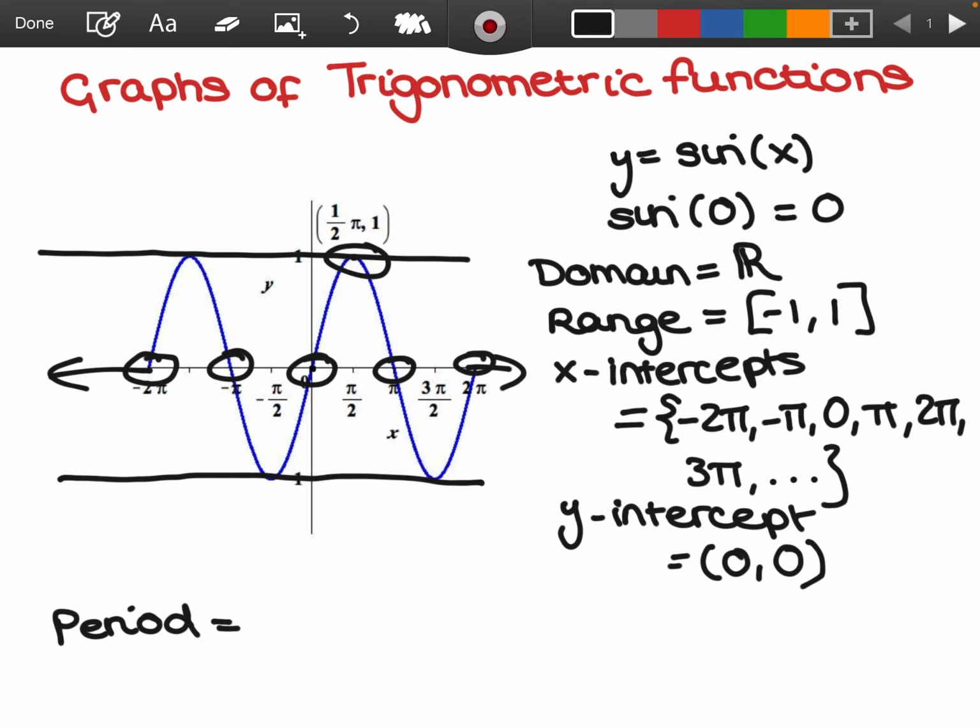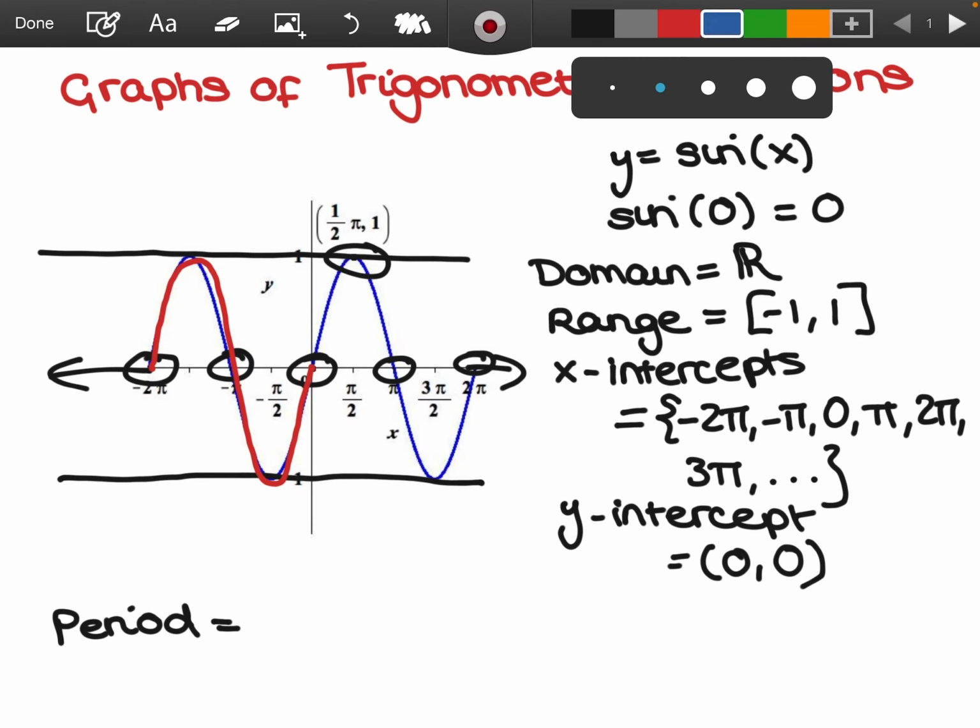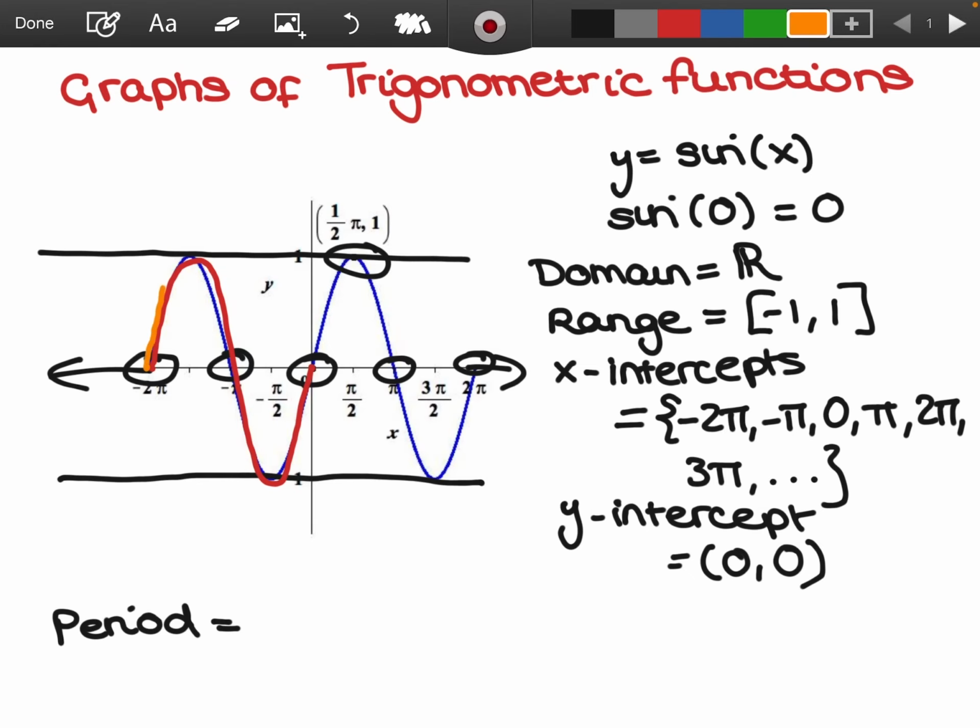How about the period of y equals sine x? If we look at this graph, the part that I'm drawing in red is the part of the graph that I repeat over and over again in order to get the graph of the whole function.